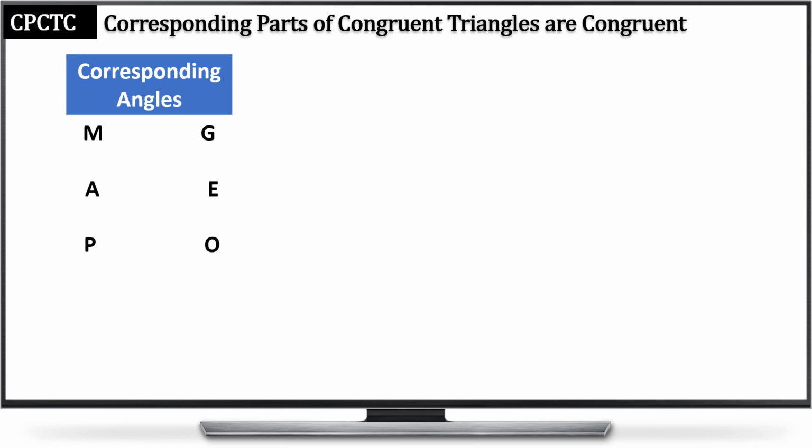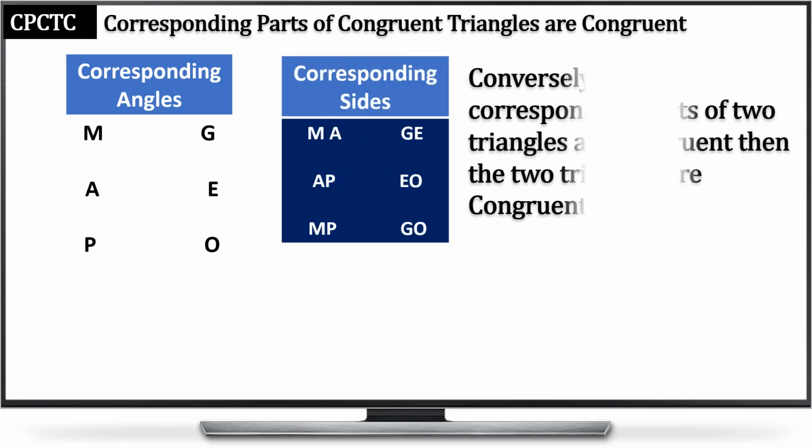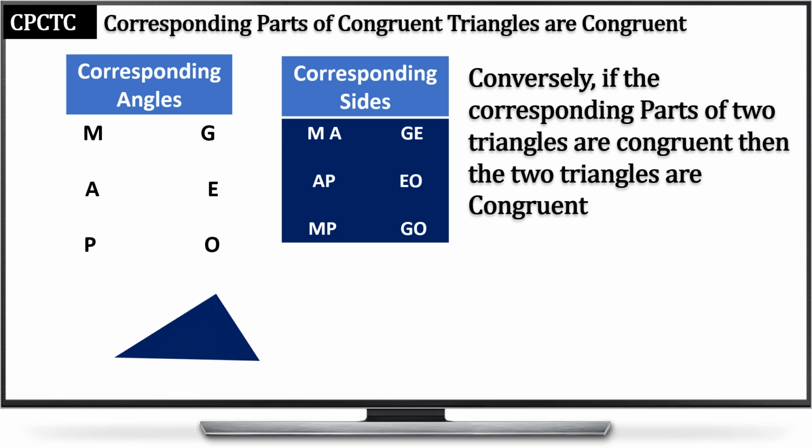Corresponding angles and their corresponding parts according to these two triangles must be identified. We need, of course, the definition, that is triangle MAP and triangle GEO. Let's find out.